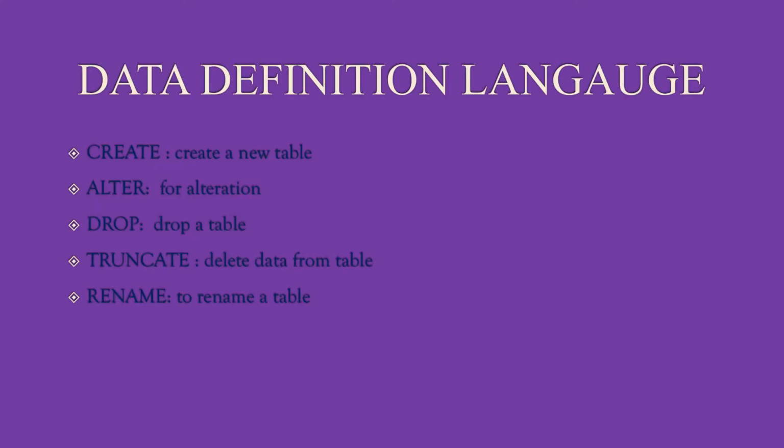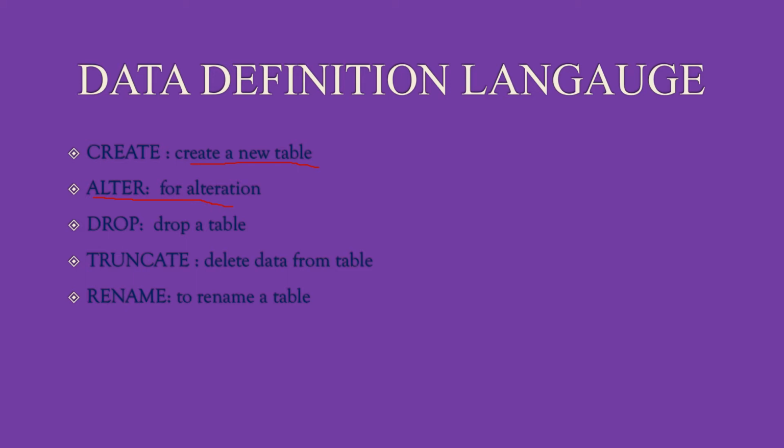In data definition language, there are 5 commands we have to learn. The first one is create, that is used to create a new database or new table. The second one is alter, that is used for alteration. Alteration means to do some modification on the table or some alteration of the structure of the table.